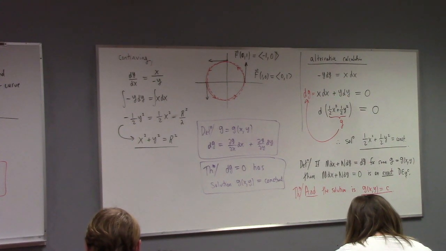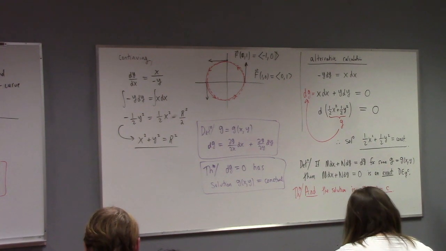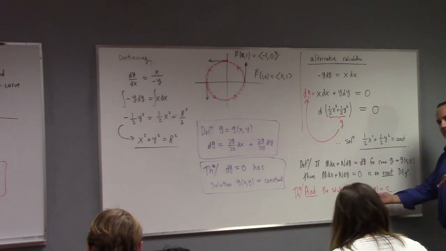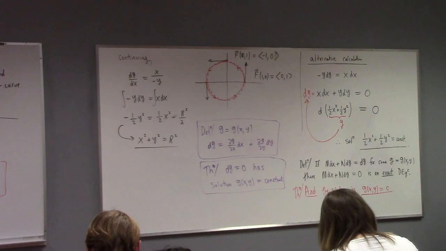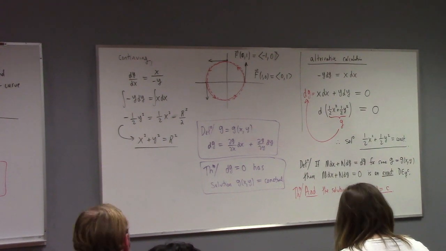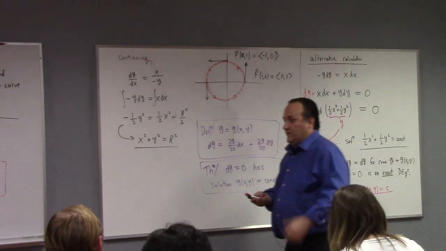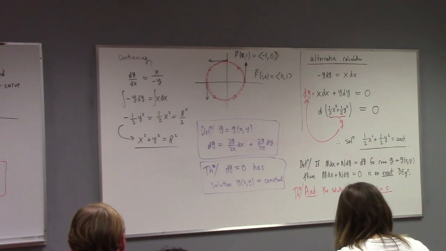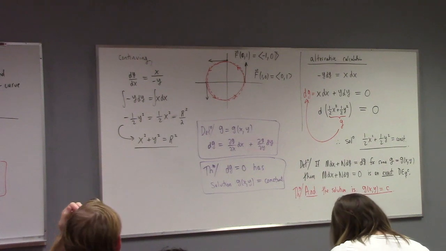So exact equations are really, really nice to solve if you can understand what the choice is for this g, right? If we can come to an understanding of what the level function is whose solution curves are the solutions of the differential equation. All right, so that's an exact equation. If an equation is not exact, it's said to be inexact. All right?